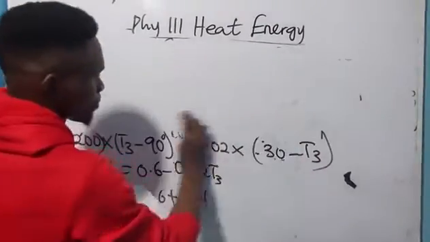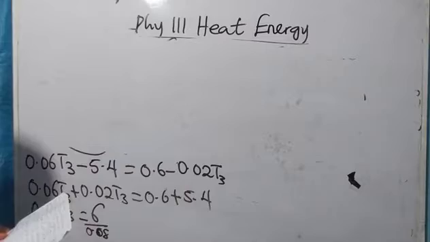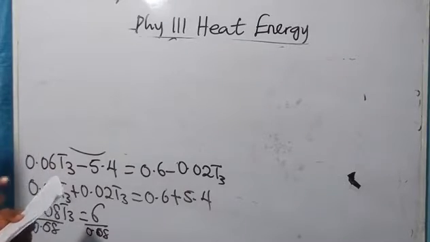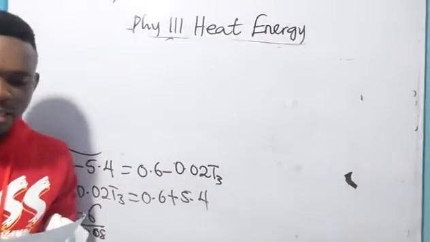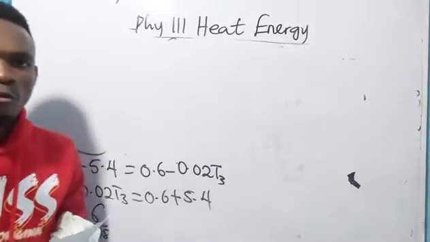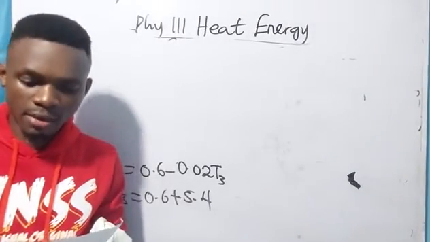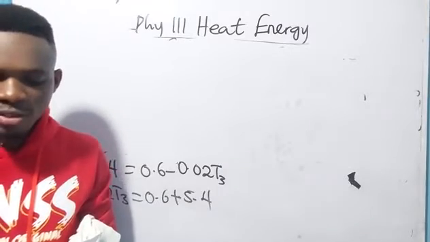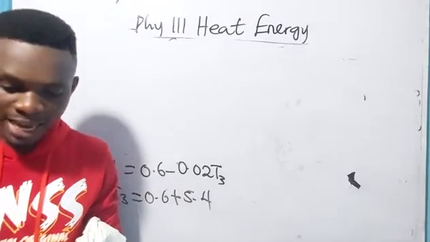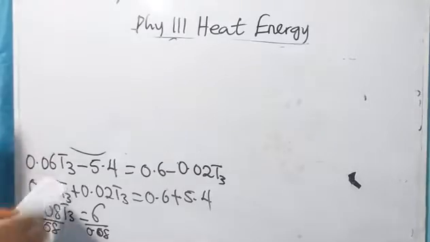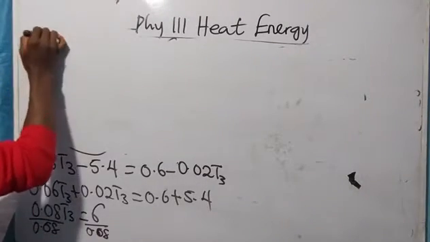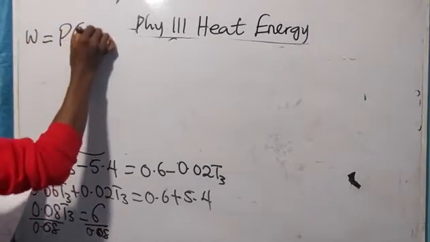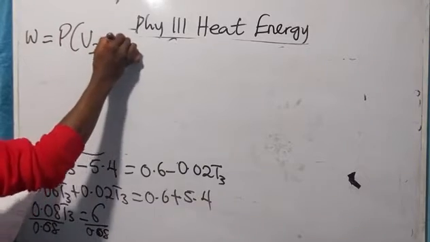Okay, so there's a question here that says a gas is expanding against a constant pressure of 1 atm from 10 to 16 liters. What is the work done by the gas? I give you that work done is equals P open bracket V2 minus what?